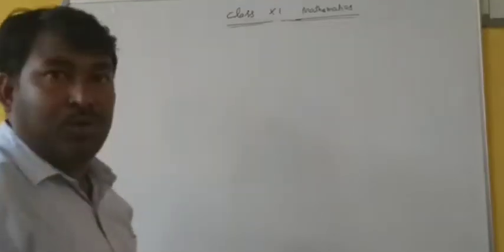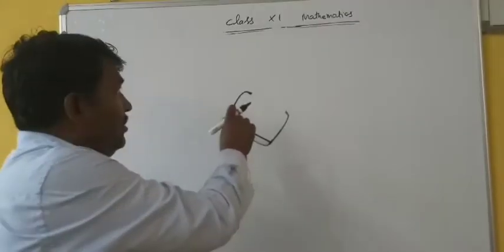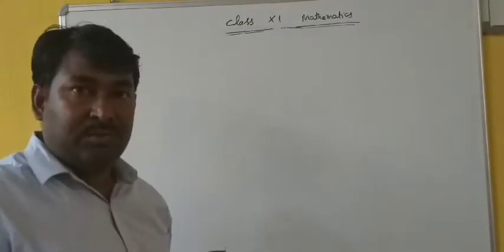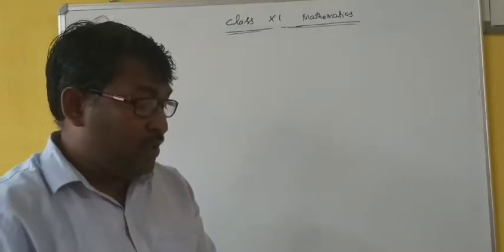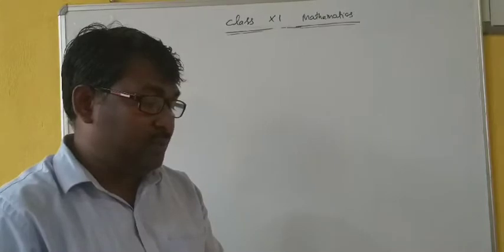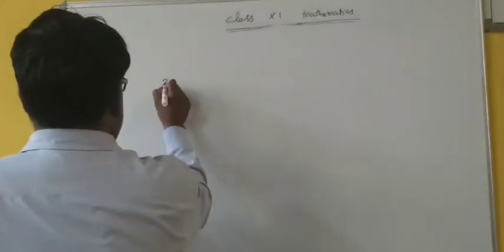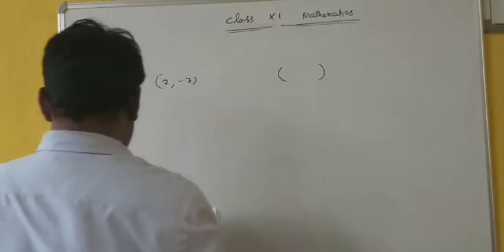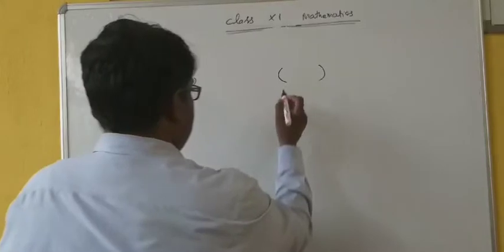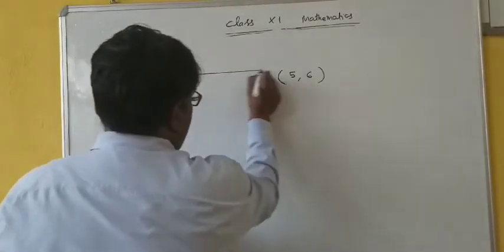Okay, so we have solved some questions of internal division and one question for external division. Now some other type of question comes, like: in what ratio is the line joining the points 2 comma minus 3 and 5 comma 6 divided? Now you have these 2 points.